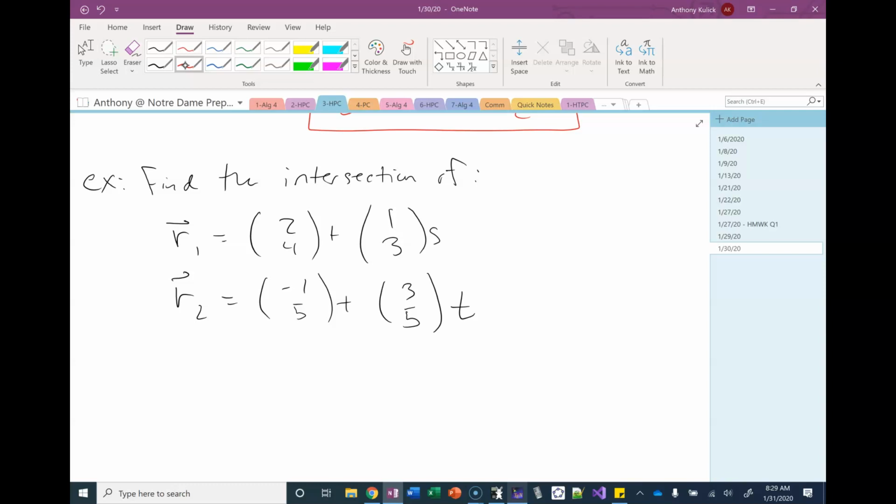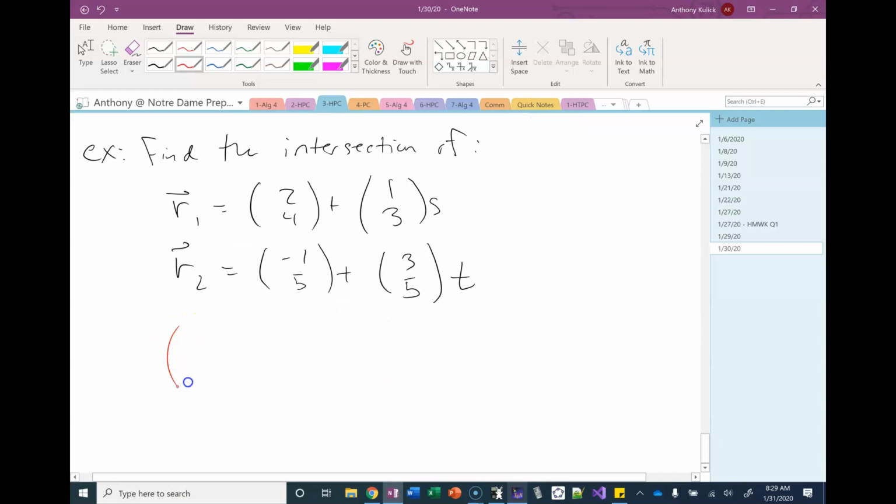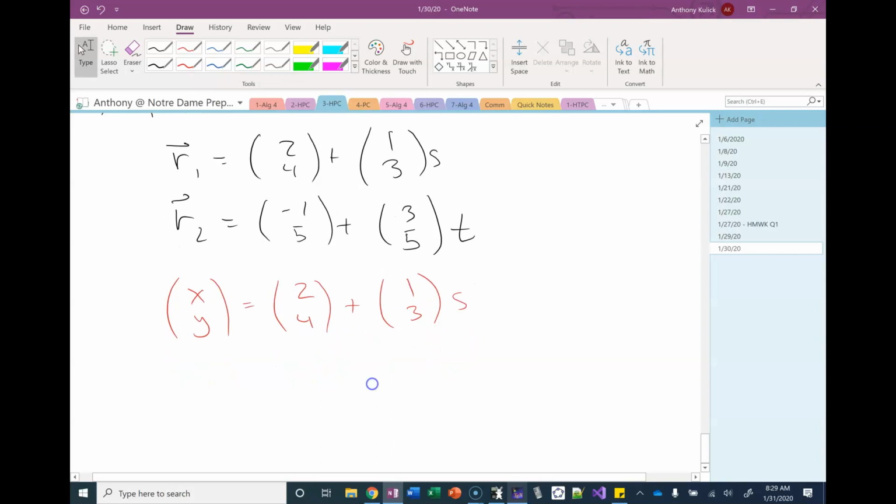So here is the idea on what we're going to do. I'm going to rewrite vector R1 in its component form, as a column vector. And I'm going to rewrite vector R2 as a column vector.